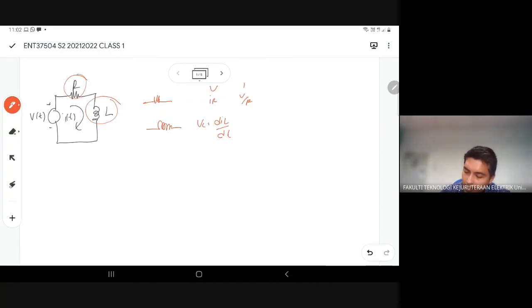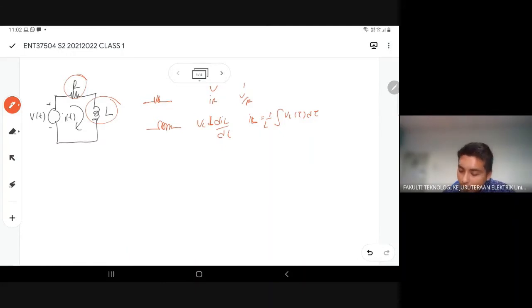And then also for the current, IL equals the integration of 1 over L times VL(tau) d tau. Okay, so this is the thing.